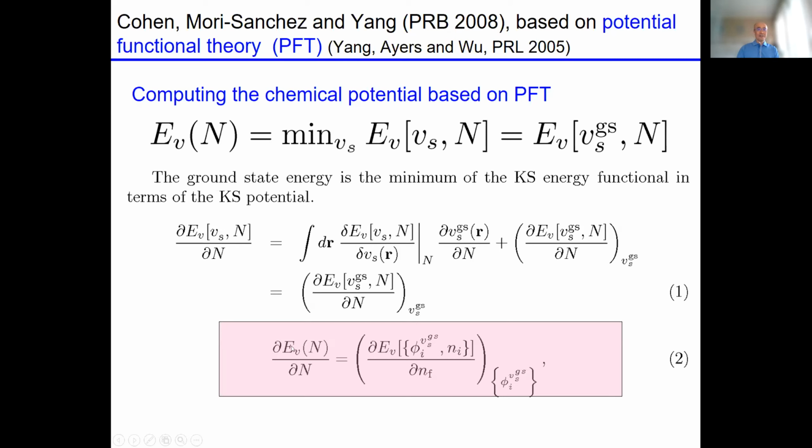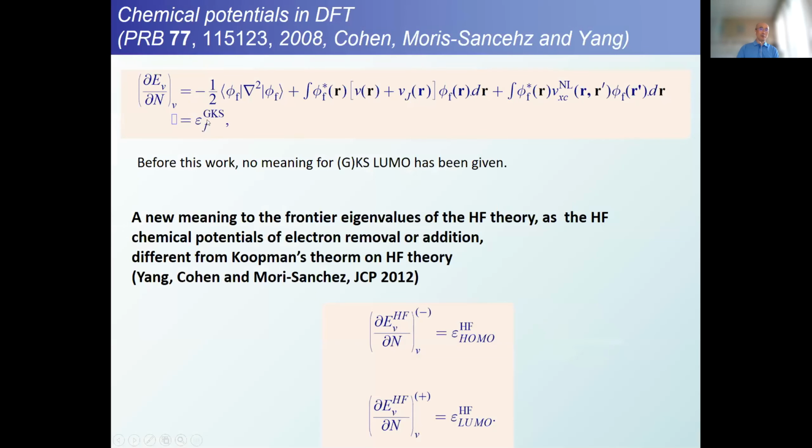The result is that the chemical potential is equal to the derivative of energy with respect to occupation number at the frontier orbitals. So this is exactly the quantity that relates to the Janak theorem. So then the conclusion is that chemical potential will be equal to the eigenvalue, either Kohn-Sham eigenvalue or generalized Kohn-Sham eigenvalue. And then the eigenvalue is directly related to chemical potential, and in particular relates to ionization energy and electron affinity.